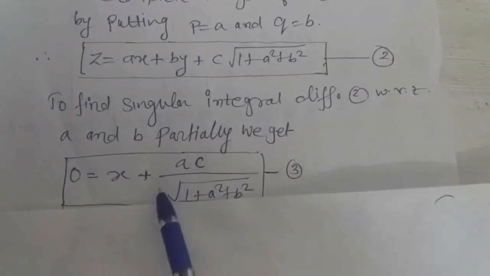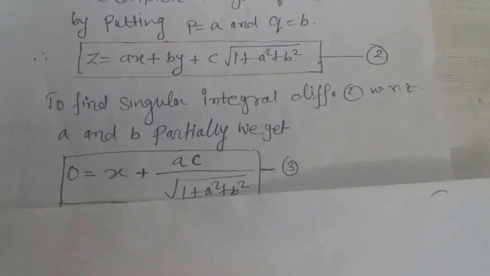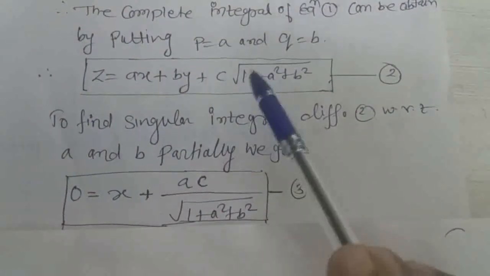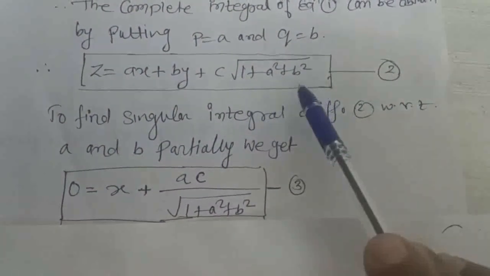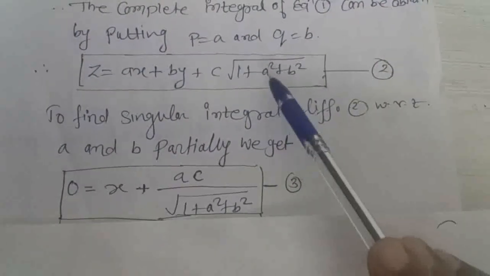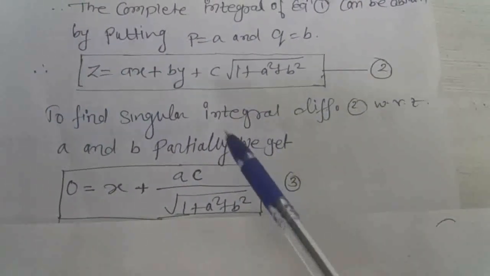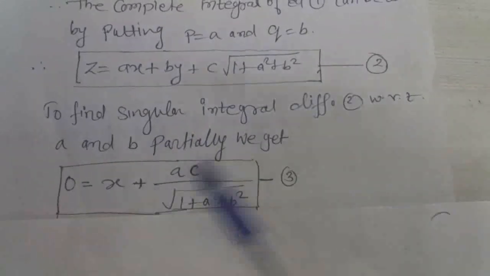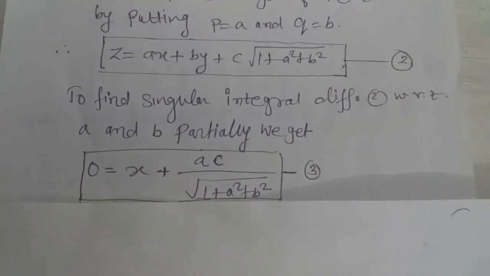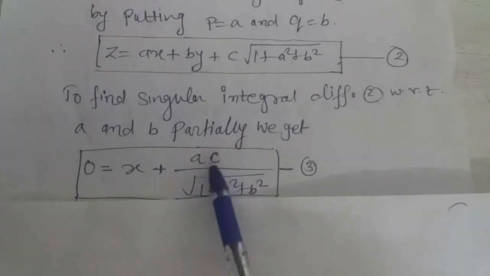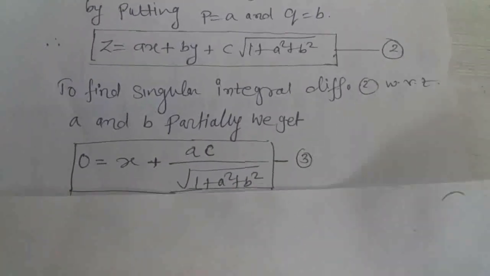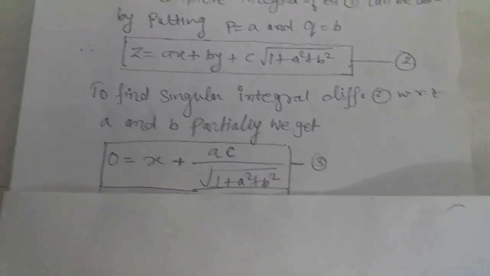The partial derivative of 1 and b square is 0, and the partial derivative of a square is 2a, and c is constant, so the 2 cancels, and we get 0 equal to x plus ac by square root of 1 plus a square plus b square.